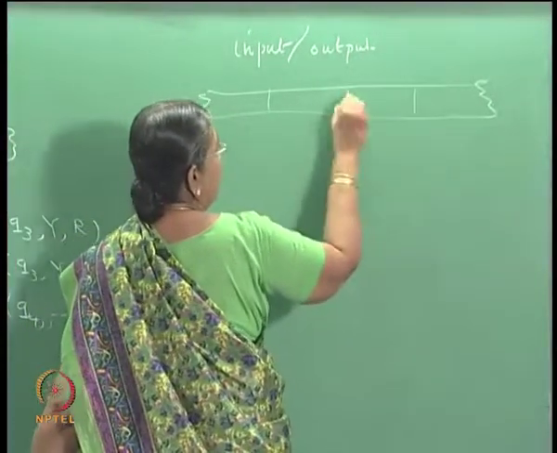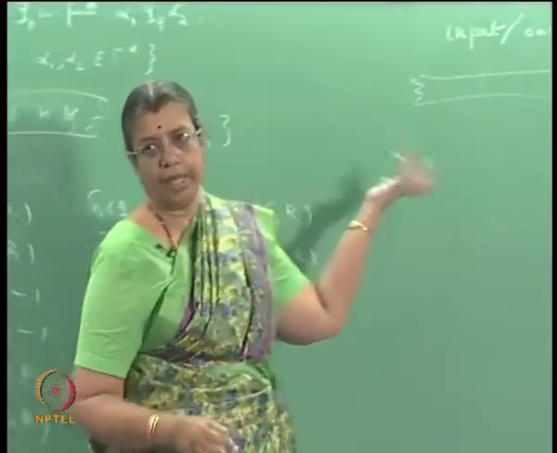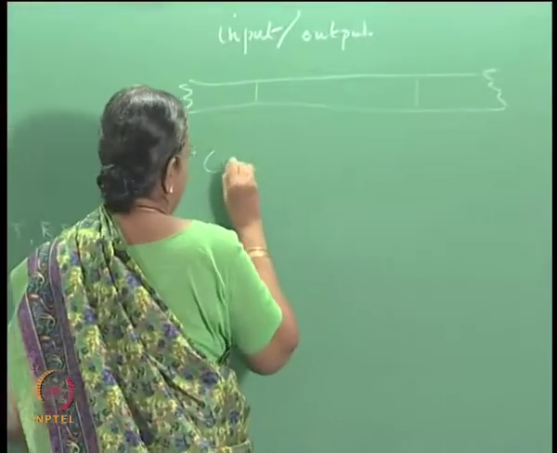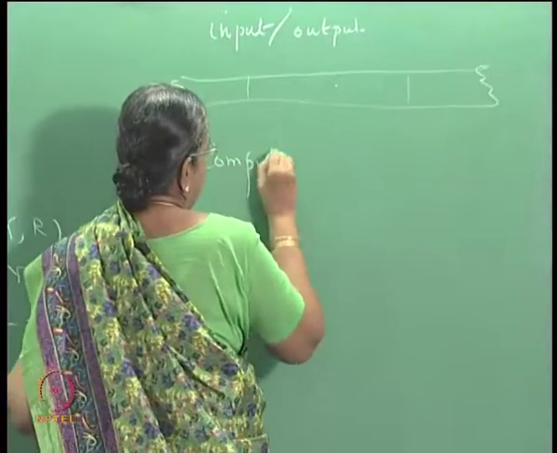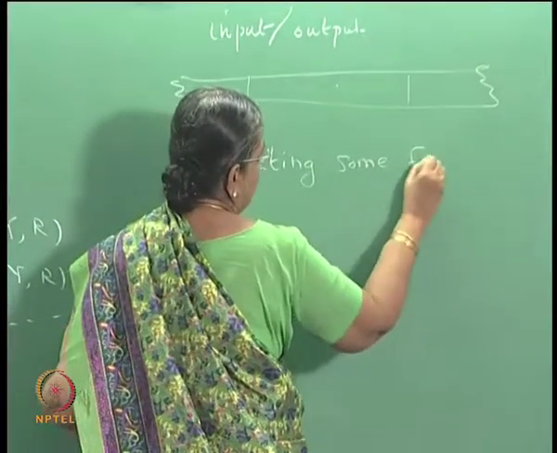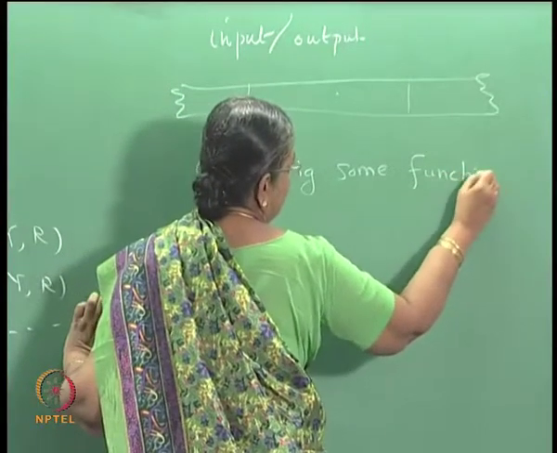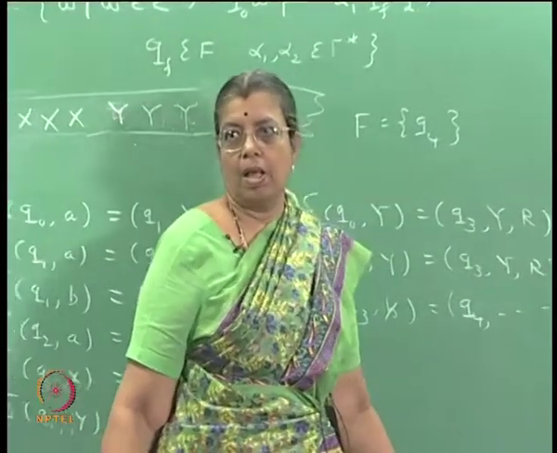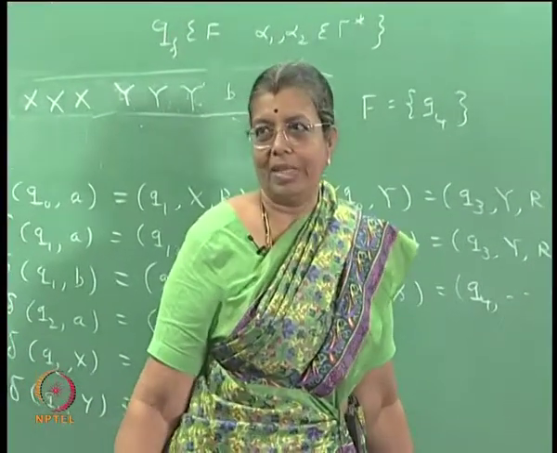Initially when you start, the input will be given, and when you end, whatever is on the tape is the output. You can look at it as computing some functions. They are called Turing computable functions.